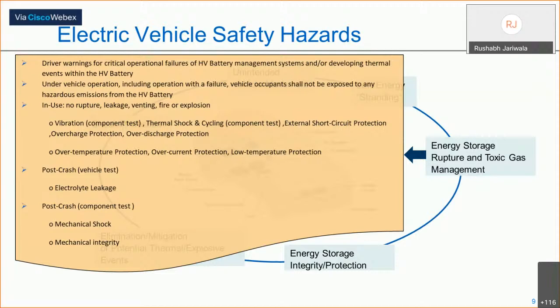So in use, no rupture, leakage, venting, fire or explosion. So this is again related to battery. And post crash, there should not be any electrolyte leakage.